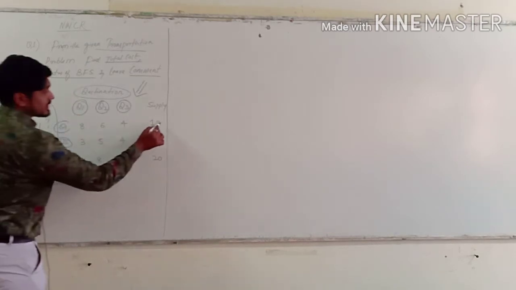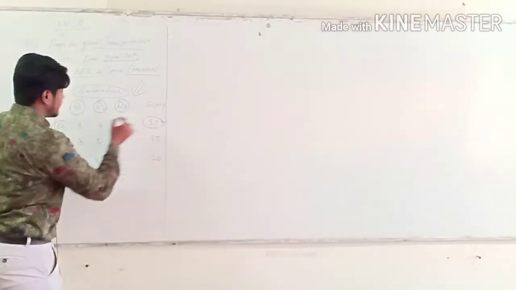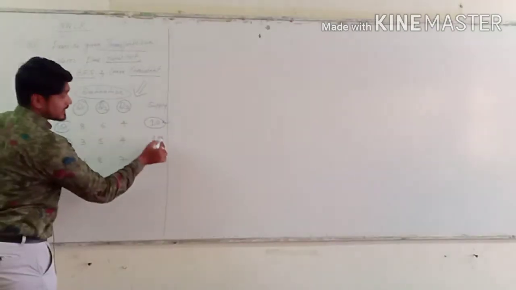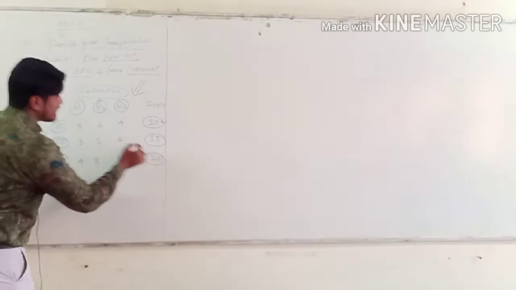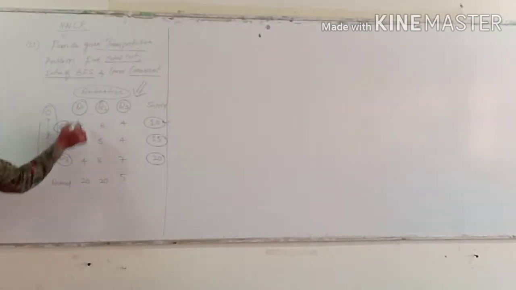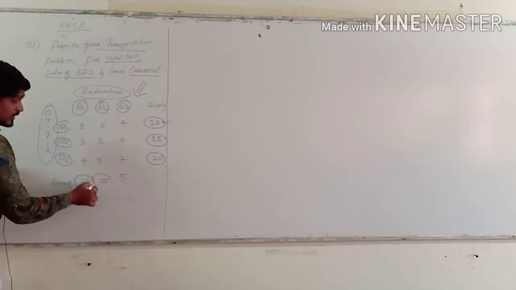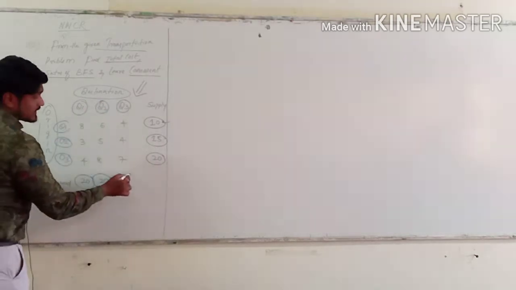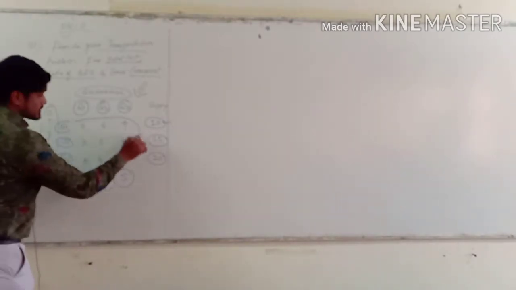Origin 1 has 10 units available to supply, origin 2 has 15, origin 3 has 20. Likewise for destinations, the demand of destination 1 is 20, destination 2 is 20, and the third one is 5. And these are the matrix numbers.